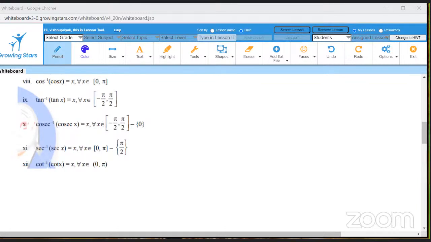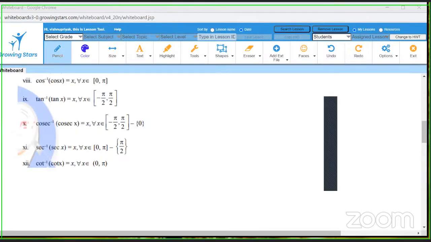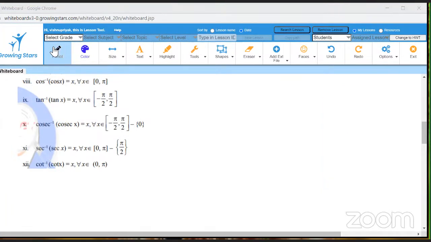There are some more properties. In trigonometry, you will have many formulas.